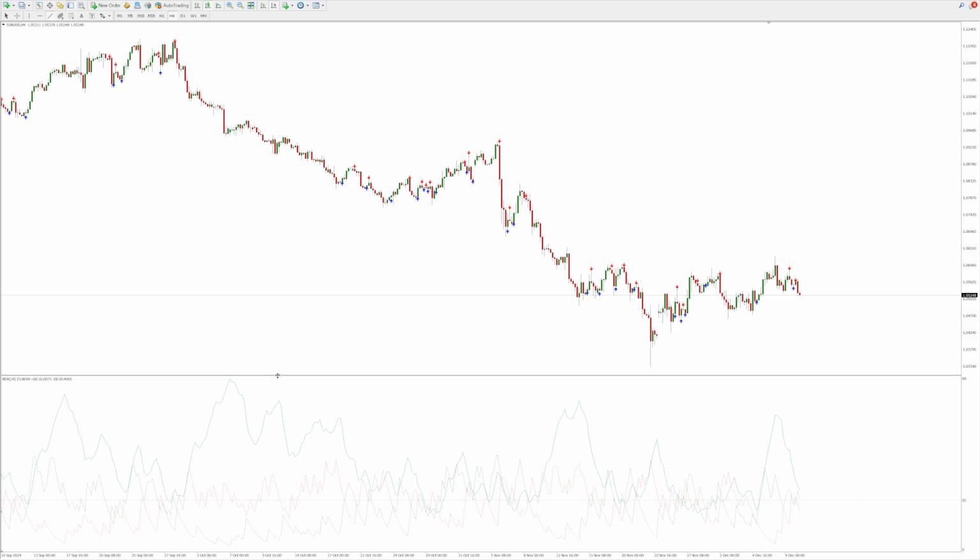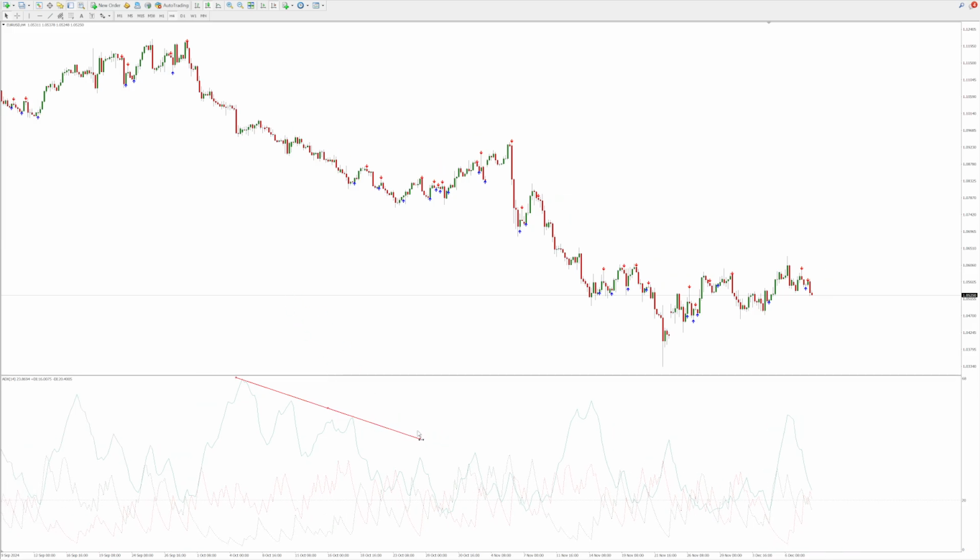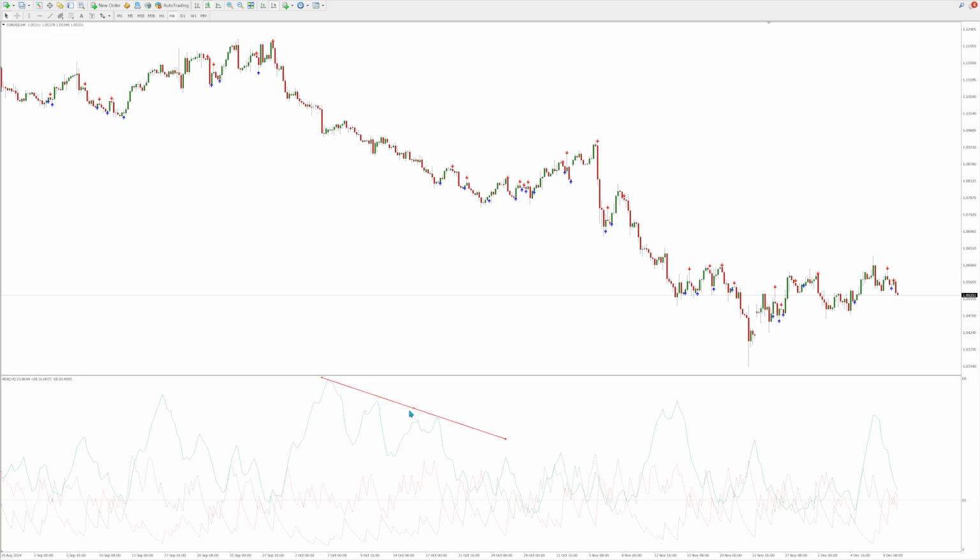Another thing that the indicator does not show from an ADX perspective is divergence. So you can see when the ADX is making lower highs here, the market is falling. However, sorry, when the ADX is showing divergence to the downside here, it means that the trend momentum is perhaps slowing down. That's what I meant to say.